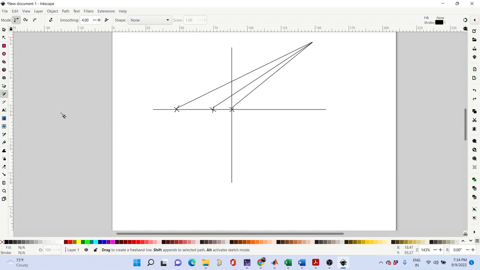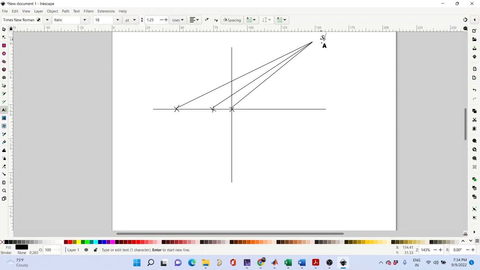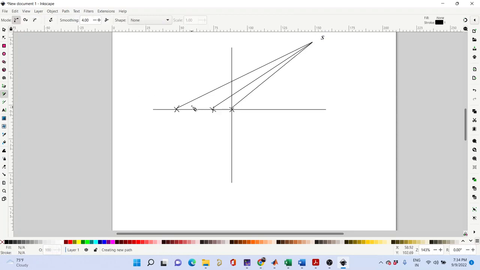Are you getting my point, Anubhav? See, look at these angles. If this point S is far away from the origin, then these angles that you see over here, this angle, this angle, then this angle, these angles would be very close to each other.